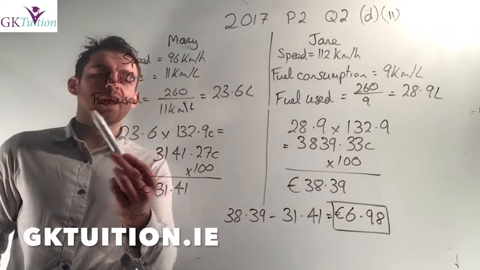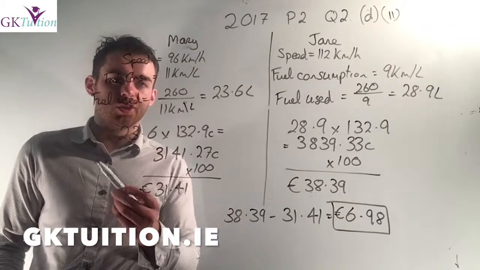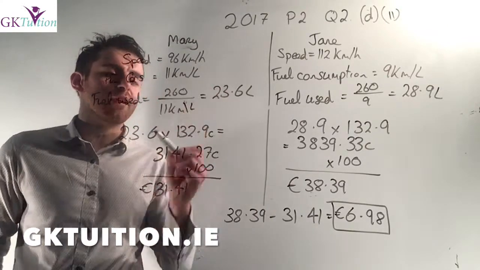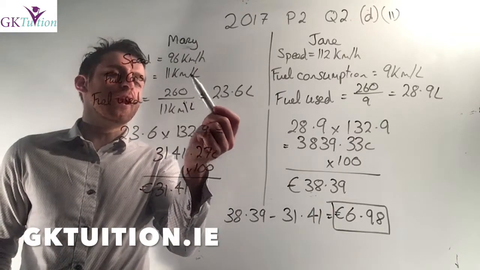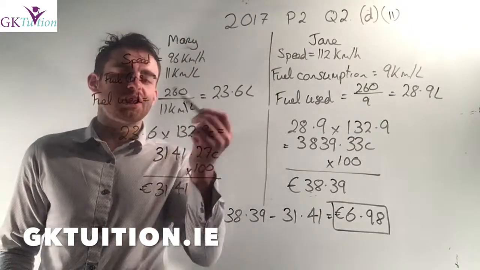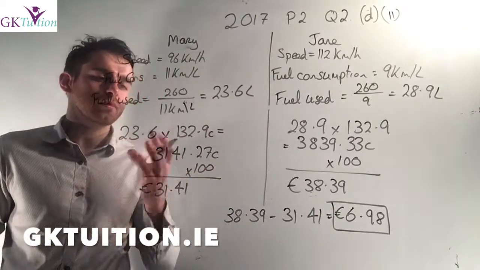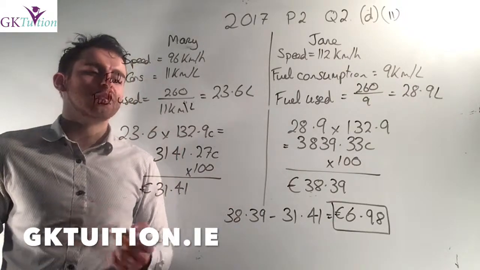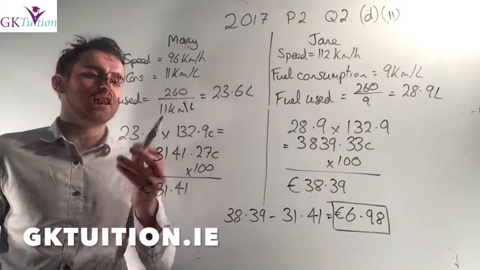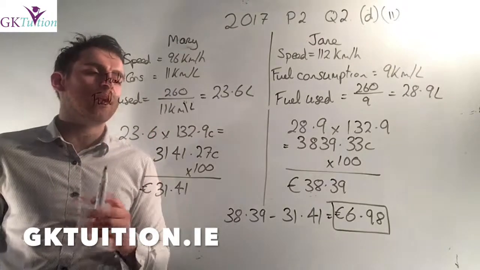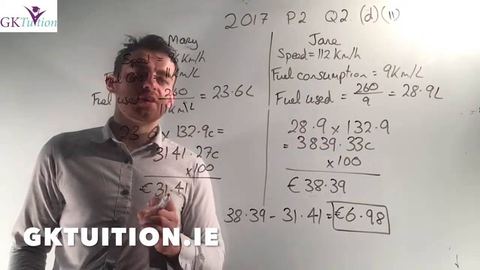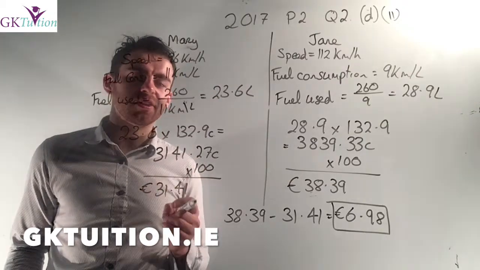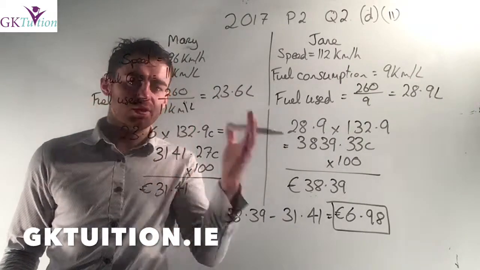So to work out how much fuel Mary is going to use on her journey, it's going to be the distance she travelled divided by the kilometres per litre. For every 11 kilometres she travels, she uses 1 litre of fuel. So if she travels 260 kilometres, 260 divided by 11 is 23.6. Therefore, Mary is going to use 23.6 litres of petrol to travel from Cork to Dublin.